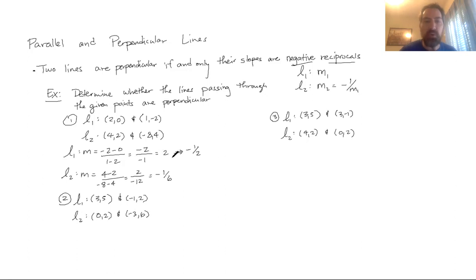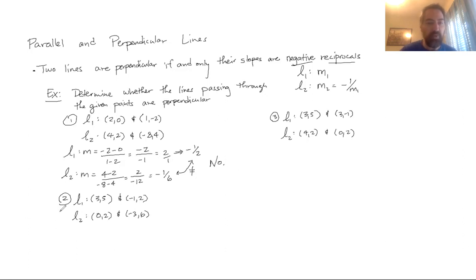If it's a whole number like 2, you can think of it as 2 over 1, then flip it and make it negative to write -1/2. Since these are not the same, the lines L1 and L2 are not perpendicular. So I'll just say no here.